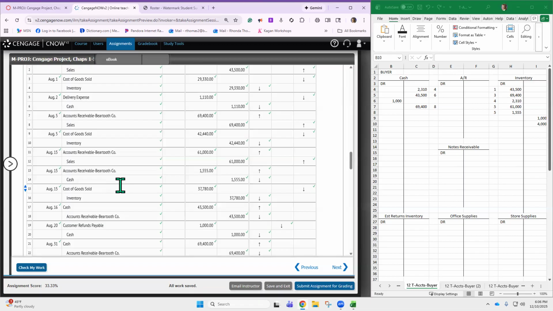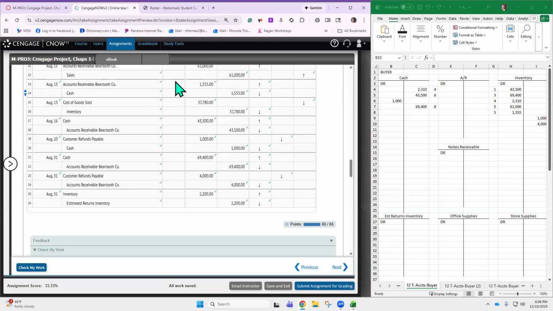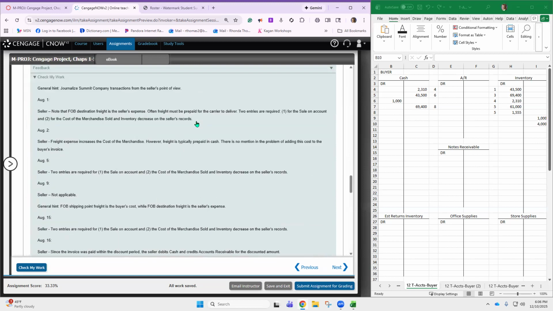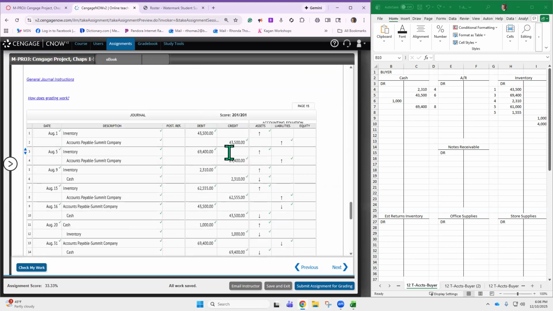But a buyer doesn't care about the seller's profit. They just want to show how much they paid for something. So do you see what I mean about the buyer's entry being a little more simple? You don't have to worry about cost of goods sold. You're just buying. So once again, seller entries are a little more complicated, especially if stuff is sent back.